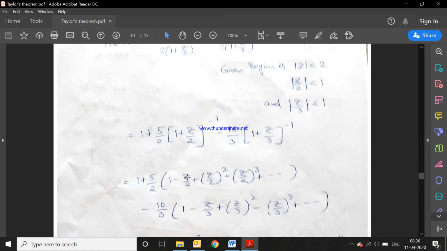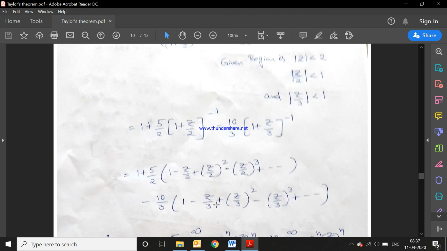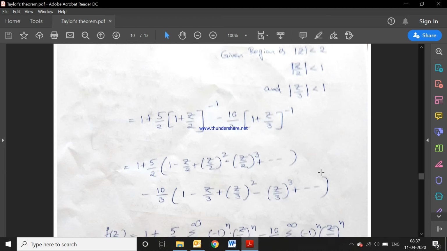So 1 minus z by 2 plus z by 2 whole square minus z by 2 whole cube plus so on, minus 10 by 3 into, this is also an alternating series, 1 plus z by 3 whole power minus 1, 1 minus z by 3 plus z by 3 whole square minus z by 3 whole cube plus so on. This is the required Taylor series for the given region, mod z less than 2, or modulus of z by 2 less than 1.